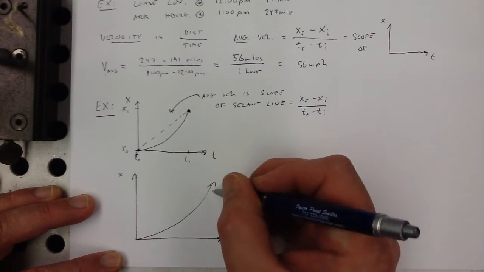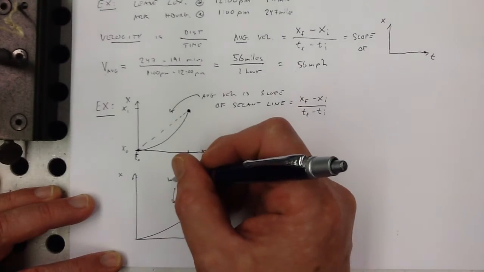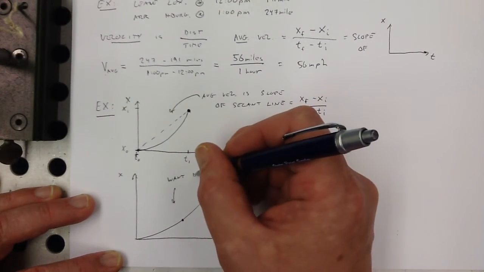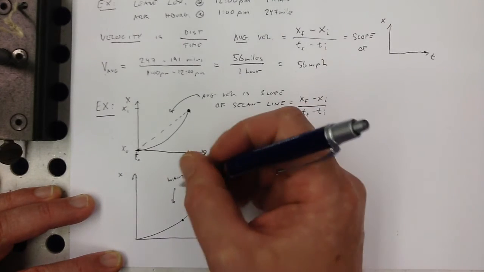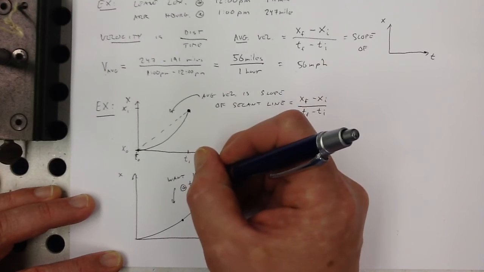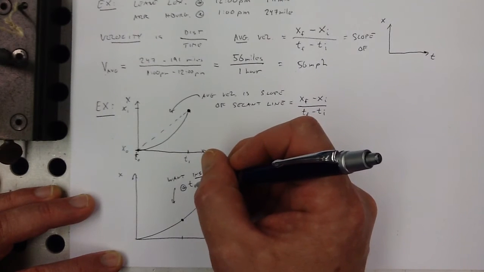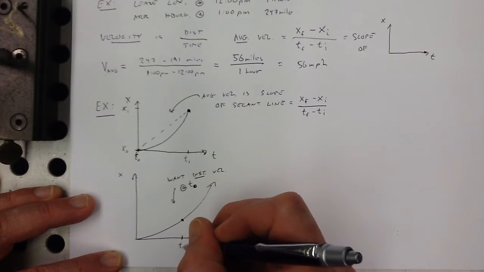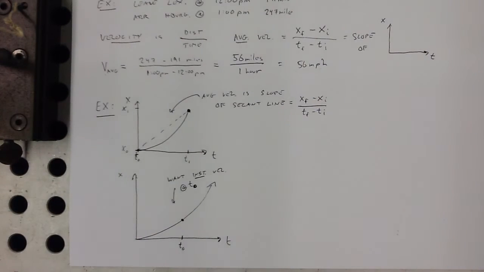So here's a similar graph, and let's say I want the instantaneous velocity at time t sub 0, just some fixed, arbitrary time. I want to know how fast this thing, whatever this graph represents, is going right at that instant.